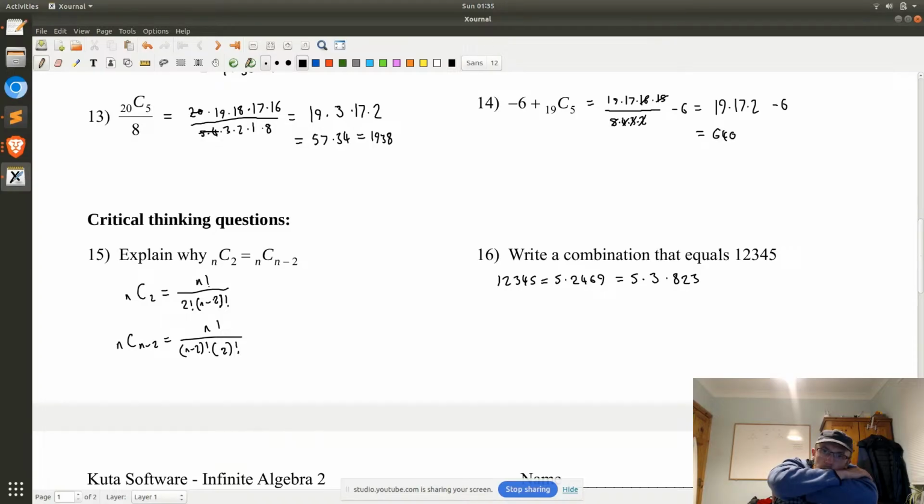Yes, that's right. The 823. 3, 7, 11 doesn't work. 17 doesn't work.